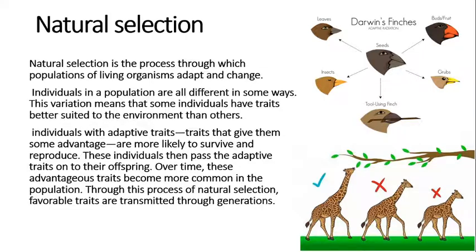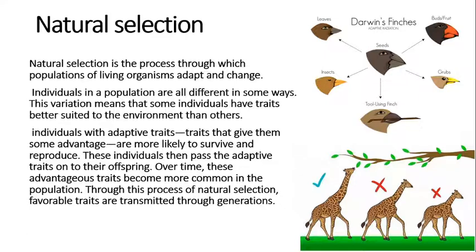And this natural selection helps the particular organism to survive in its habitat. All individuals have specific ways to stay alive, and they also have variations among the populations.